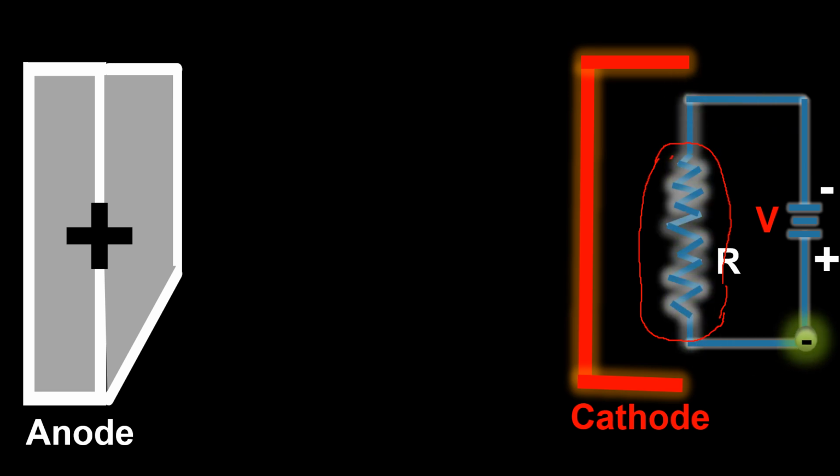Now, when a high potential is applied on the filament, this high potential will cause a flow of electrons with high current inside the filament of the X-ray tube, and this will result in a very high temperature and the emission of heat from the filament of the X-ray tube.